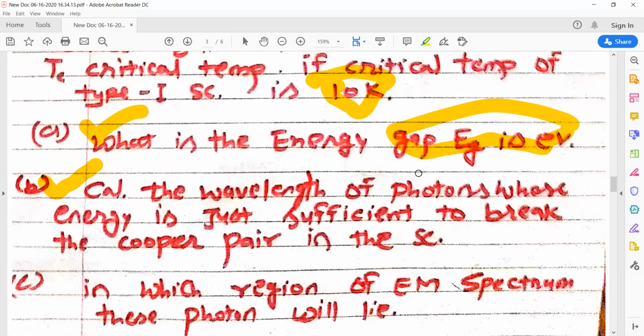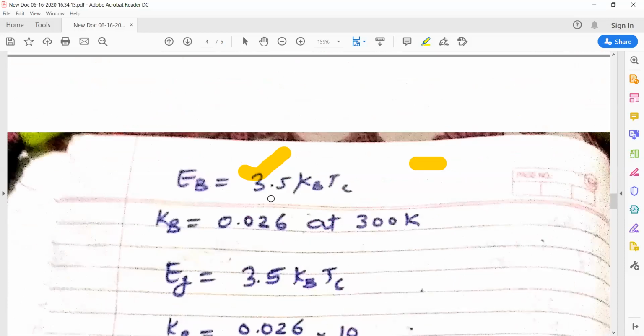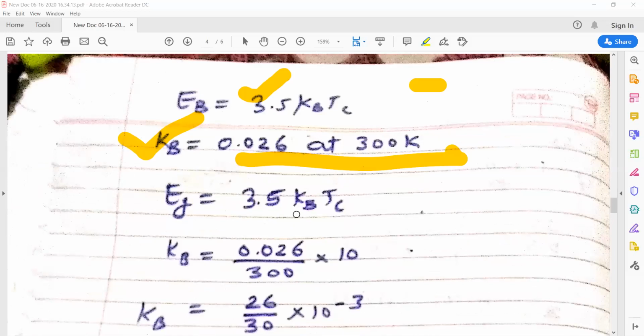We need to find it in electron volt. We know that kBT is 0.026 at 300 Kelvin. For this question, we write 3.5 kB and Tc as 10 Kelvin, but we need to find this kB.